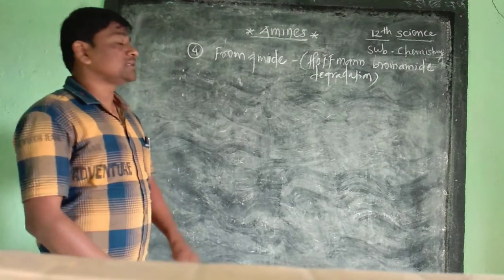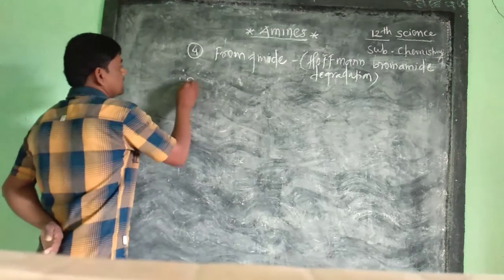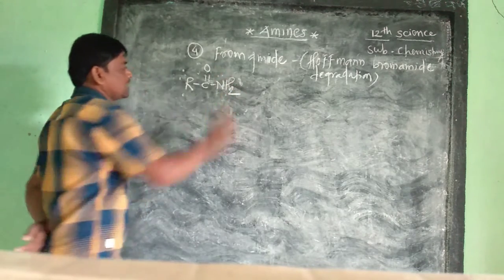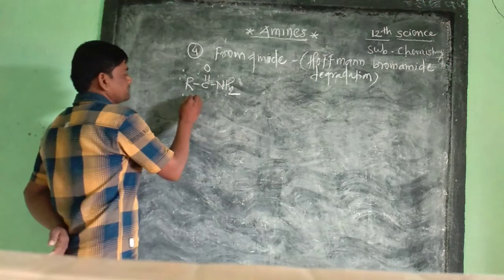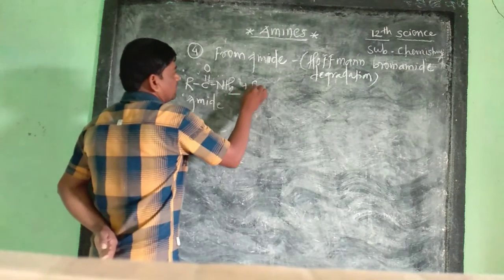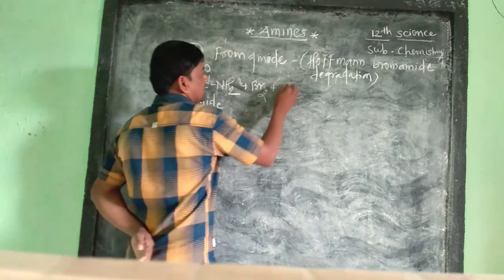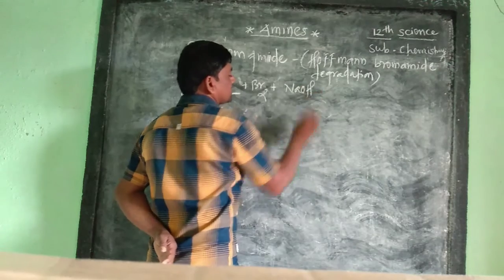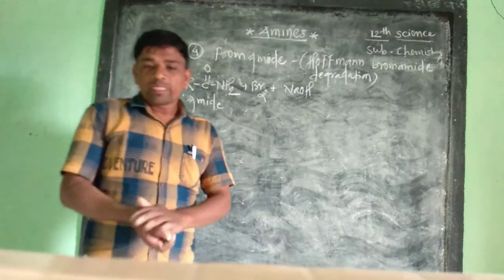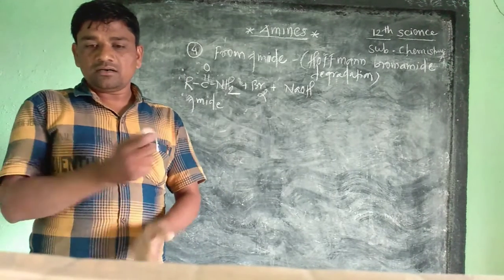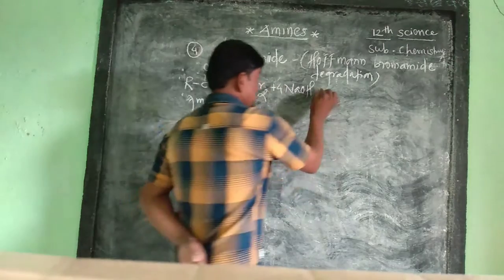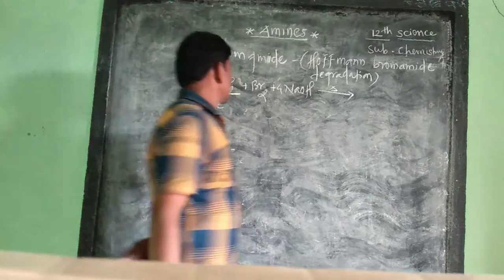Let us take a general reaction: R, C double bond O, NH2. This is known as an amide. It is reacted with bromine plus sodium hydroxide, alcoholic or aqueous, and we heat it.